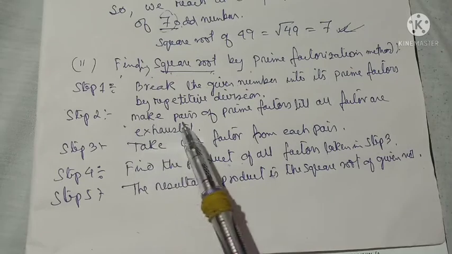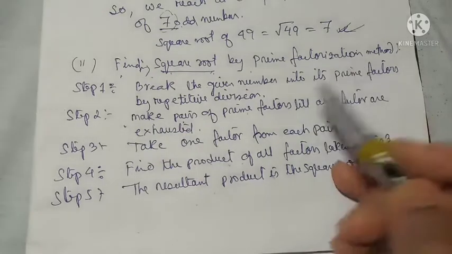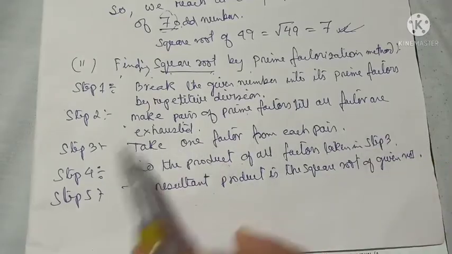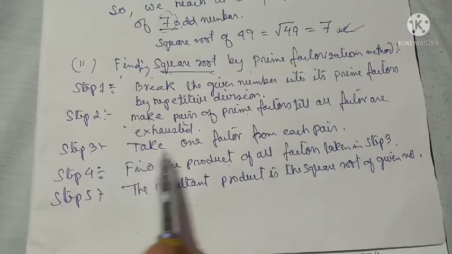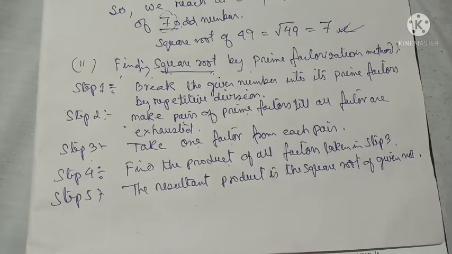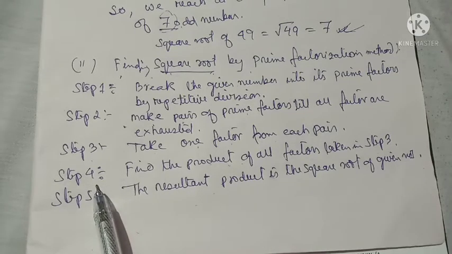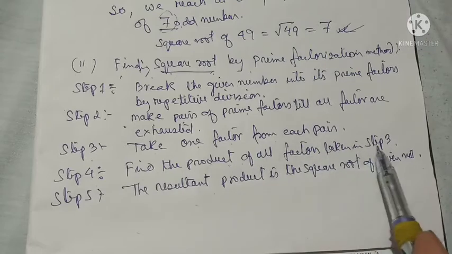Step number 2, make pairs of prime factors till all the factors are exhausted. Now we are going to make the pairs. Step number 3, take one factor from each pair. After making the pairs, we take one factor from each pair. Step number 4, find the product of all the factors taken in step 3.